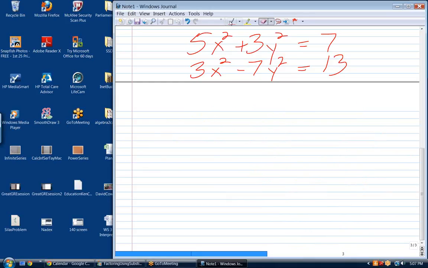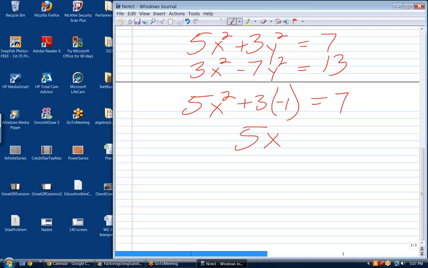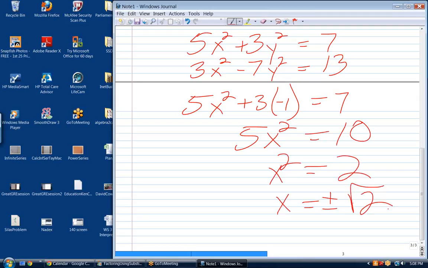In other words, if I plug in i for y, and notice it doesn't matter whether I plug in the plus or the minus, I'm going to square it. So I'm going to have 5x squared plus 3 times -1 equals 7. 5x squared equals 10. X squared equals 2. X equals plus or minus root 2.